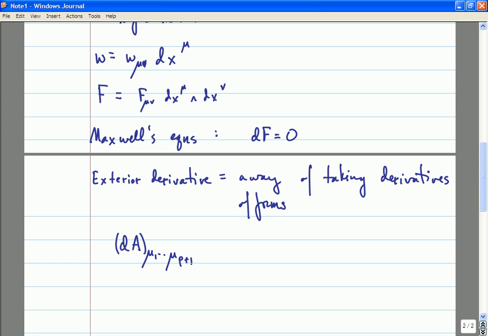And so if we were to write it out in index notation, we just take the partial derivative of the tensor A and anti-symmetrize over all of the indices along with some factor, which is just some mathematical convention. And we checked last time that the purpose of the anti-symmetrization was the following.